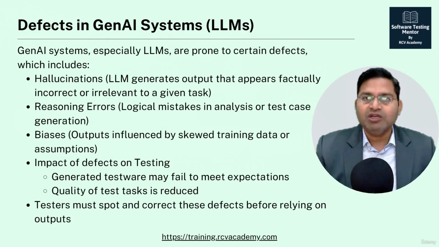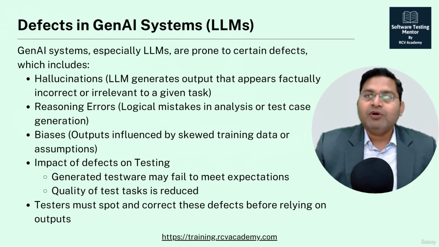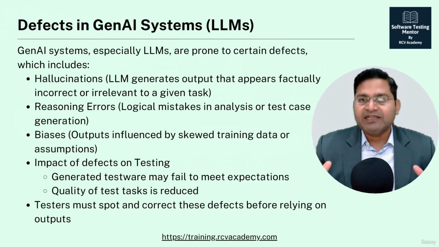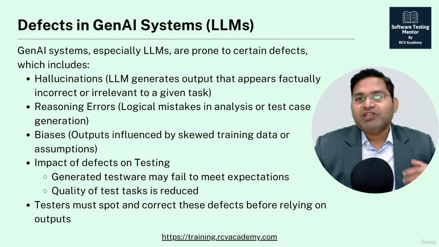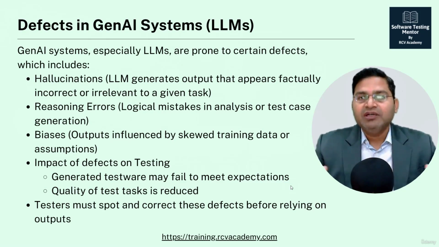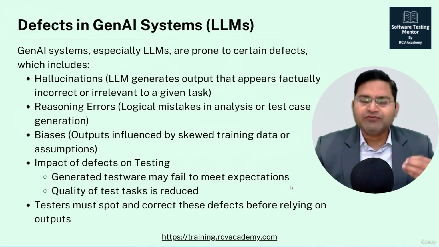Obviously this model won't be able to generalize to any other language context. Or if the data being fed is of a specific demography and a specific sector of people, then obviously biases will be there in the large language model, because it hasn't learned from the widespread data it should have been trained upon. So you have to look for biases in the responses of large language models as well.